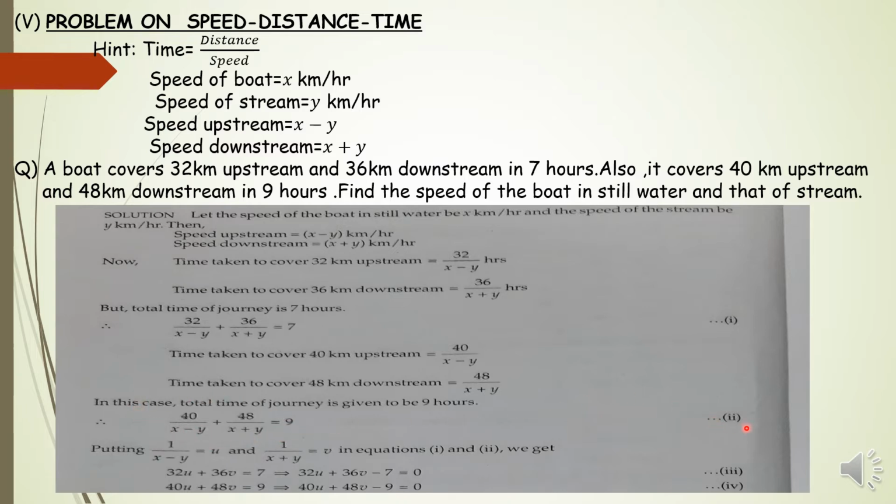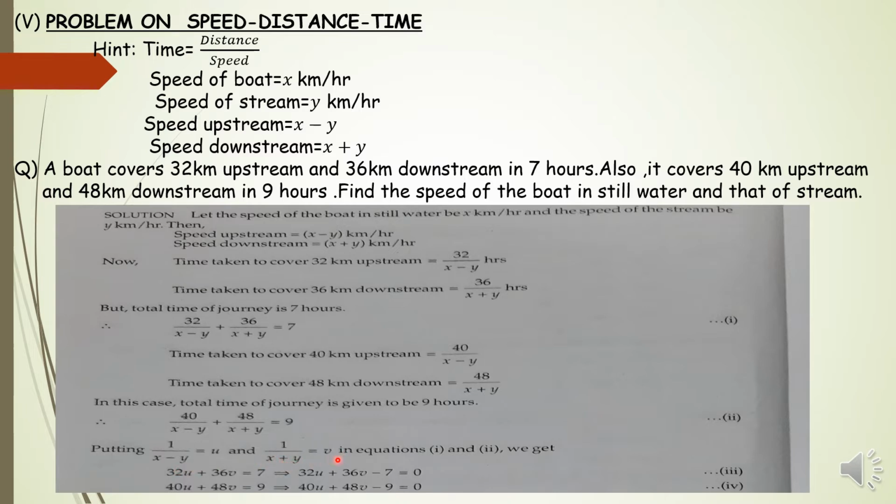Look at equation number 1 and 2. This is not of the general form ax plus by plus c is equal to 0, but we can change it into the general form of linear equation by putting the substitution 1 by x minus y is equal to u and 1 by x plus y is equal to v.